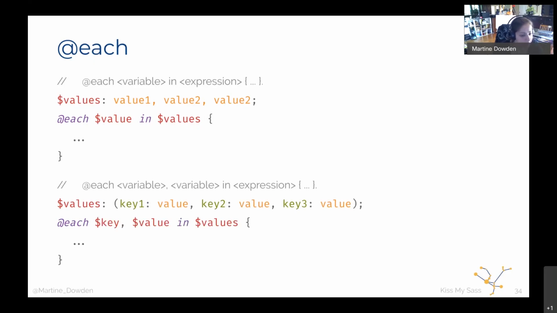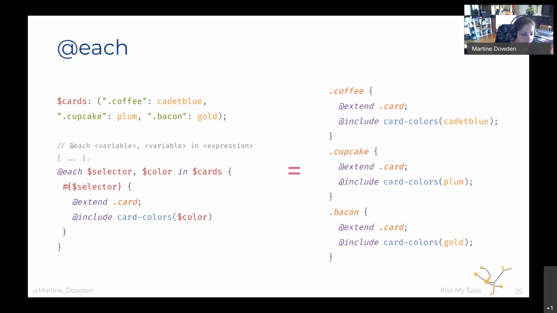We're going to use that second syntax because we not only want to know which card we're dealing with, but we also want to know which color is our initial color. So what we're going to do is say, back to the very beginning where we had that cadet blue, plum, and gold for each of them, we're going to do coffee, cadet blue, cupcake, plum, and bacon, gold.